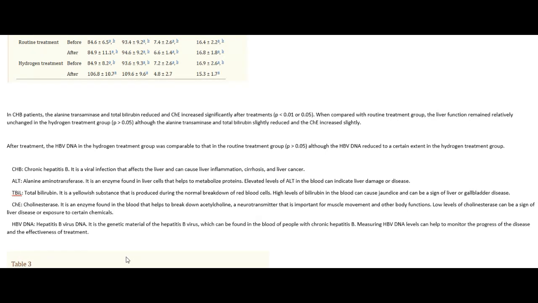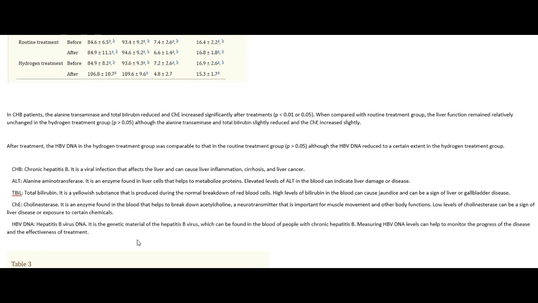What I was going to say: in chronic hepatitis patients, the alanine transaminase and total bilirubin reduced, and cholinesterase increased significantly after treatment, with a p-value of less than 0.01 or 0.05.